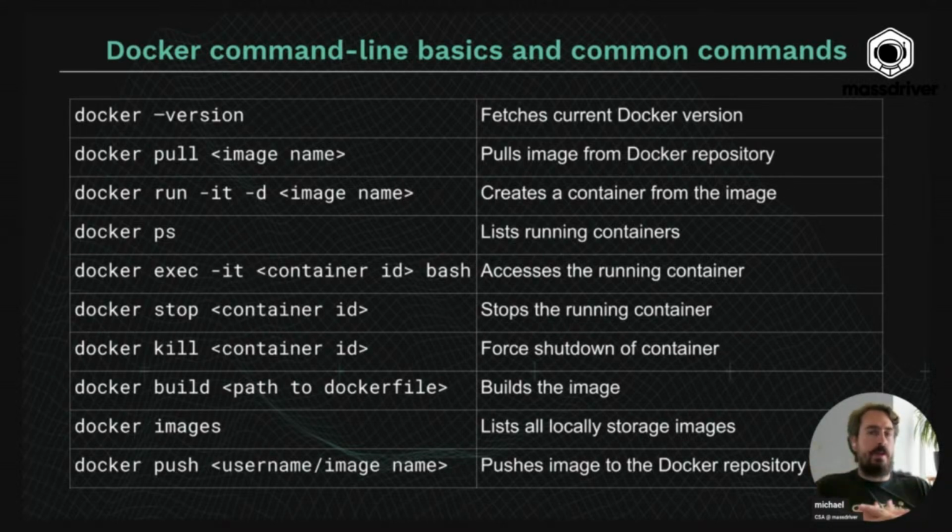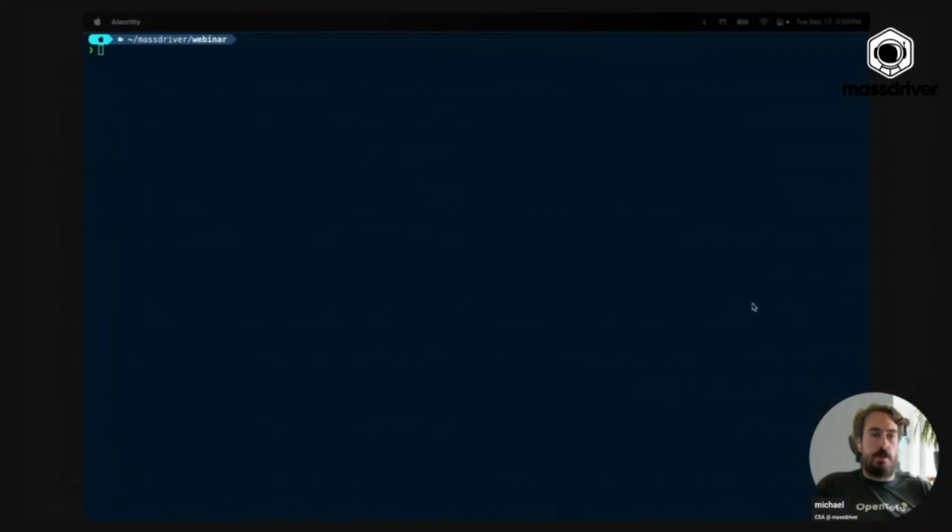While we won't go through every command in detail, this table gives you an overview of some of the most commonly used commands. These form the core operations you'll need when working with Docker. We'll see many of these in action during the demo we're about to do in the terminal. Let's go ahead and swap over to our terminal.